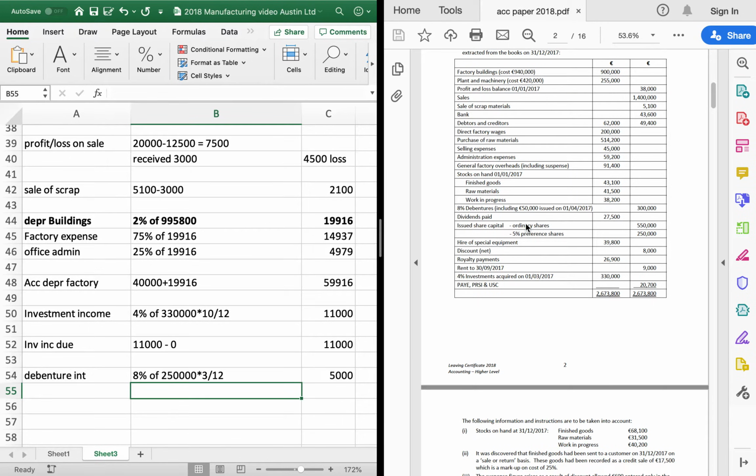For the remaining months of the year, it's 8% of 300,000, which is 24,000. So in total, it's 29,000. See if we've paid any. Don't see any. So the debenture interest should be 29,000.